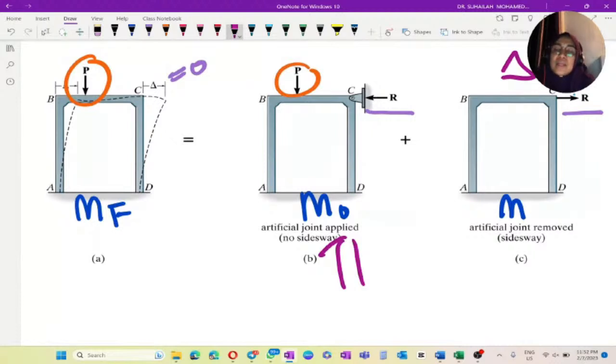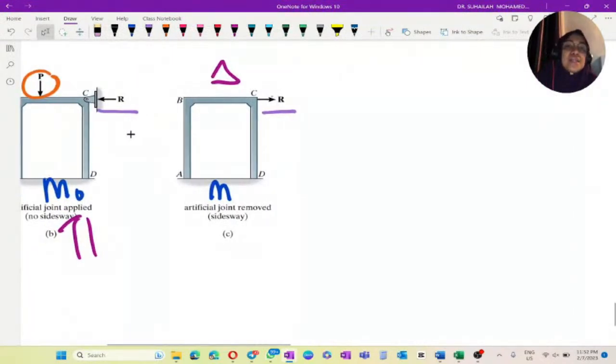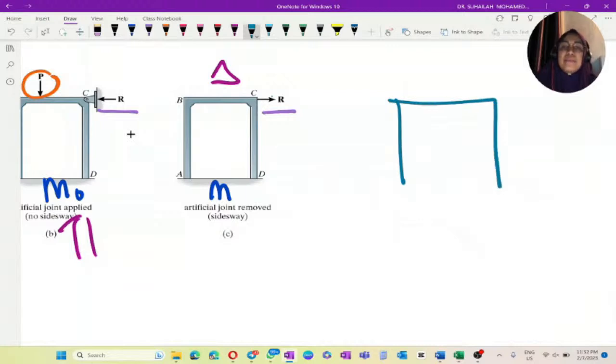When delta is not given, we normally analyze the frame in table 2 by analyzing another diagram due to R prime. That is why we analyze another frame, the same type of frame subjected to R prime.